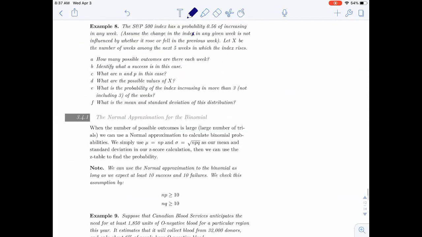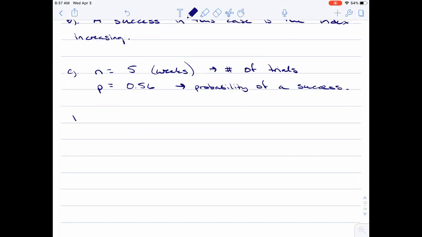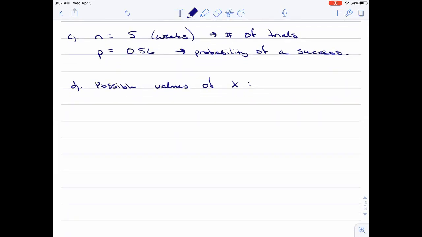Part D, what are the possible values of x? Usually what we do, and you don't have to, you can just list them, but I'm going to use set notation, and so I'm going to say x equals, and then curly brackets. Again, you don't have to.